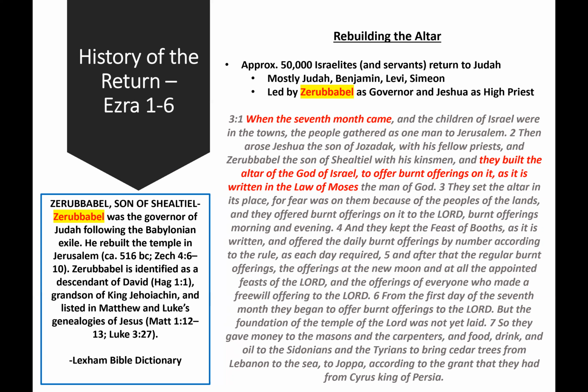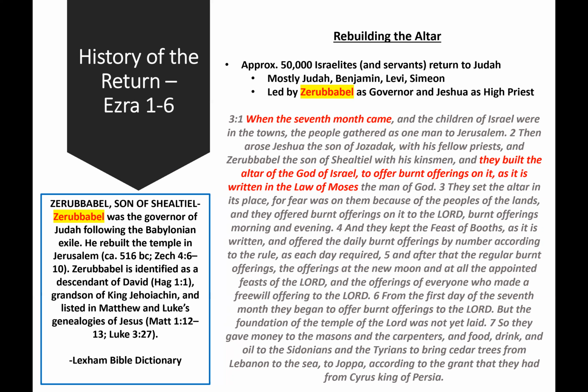Then they kept the feast of booths, as it is written, and offered the daily burnt offerings by number according to the rule, as each day required. And after that, the regular burnt offerings, the offerings at the new moon, and all appointed feasts of the Lord, and the offerings of everyone who made a freewill offering to the Lord. From the first day of the 7th month, they began to offer burnt offerings to the Lord.